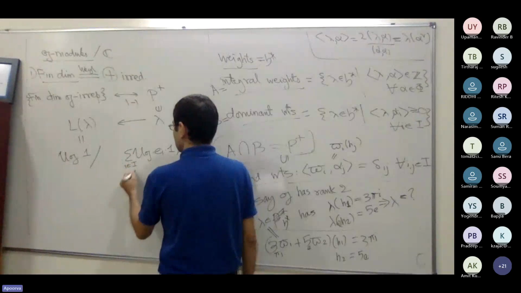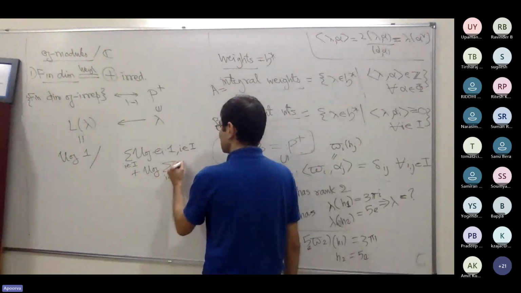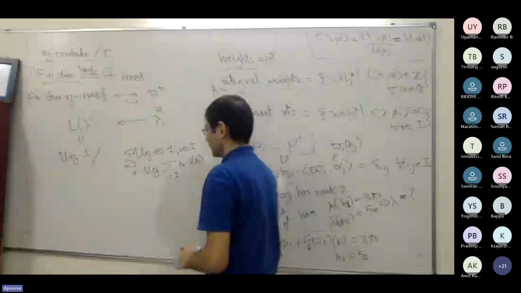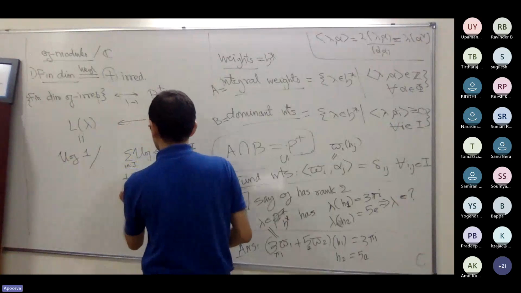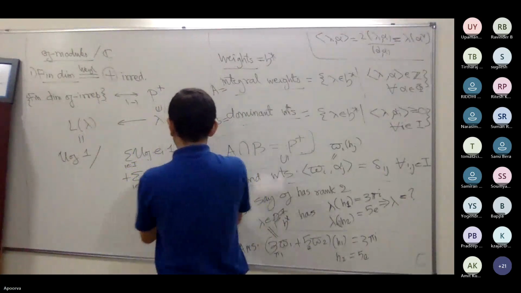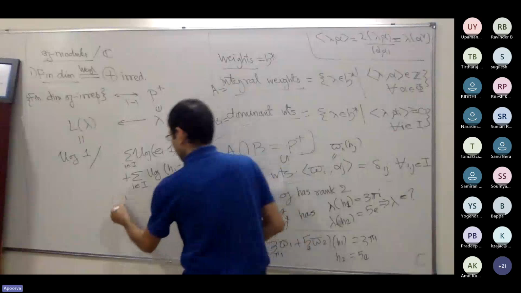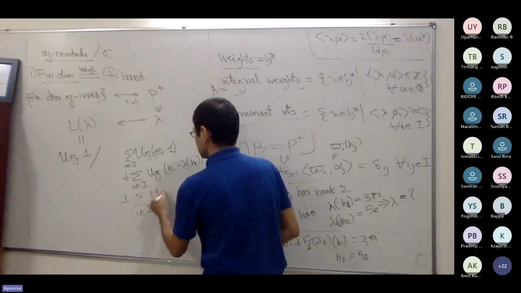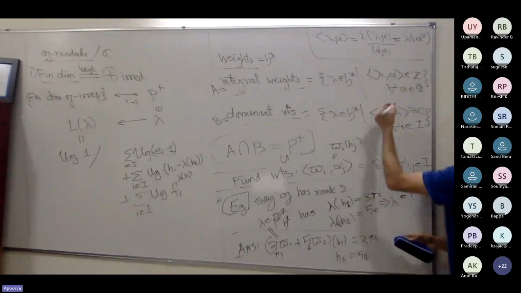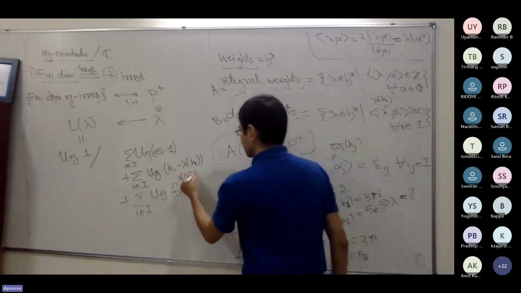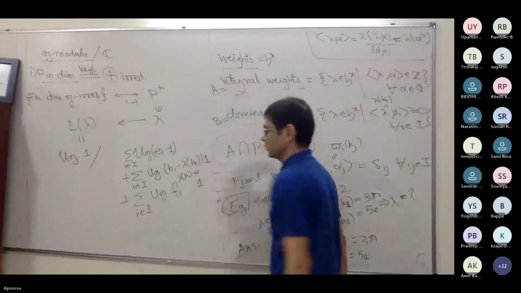And then you can say U G times the summation, plus U G times the summation over I of H I minus lambda of H I, plus, again, summation over I of U G times F I to the power lambda of H I plus 1. Now lambda of H I is a non-negative integer, that's what this means, so plus 1 is a strictly positive integer.